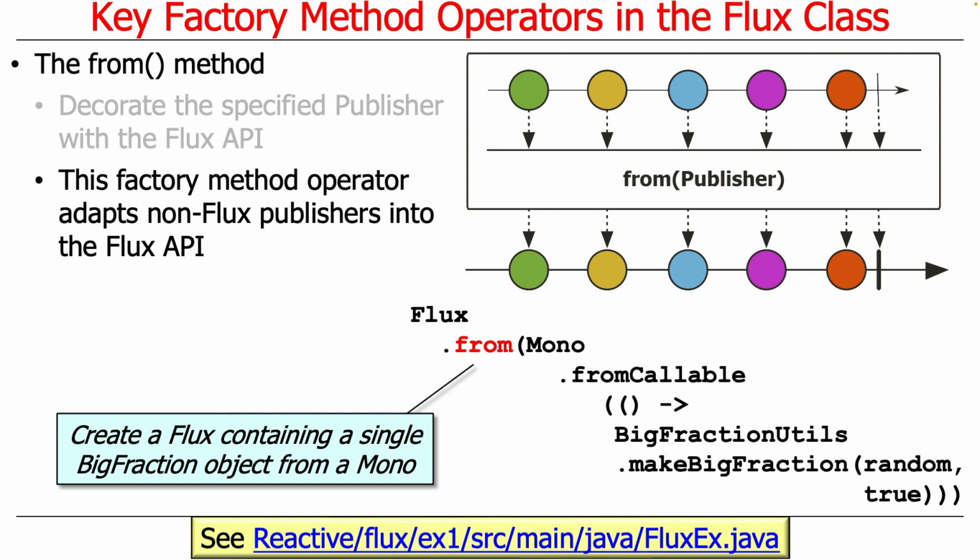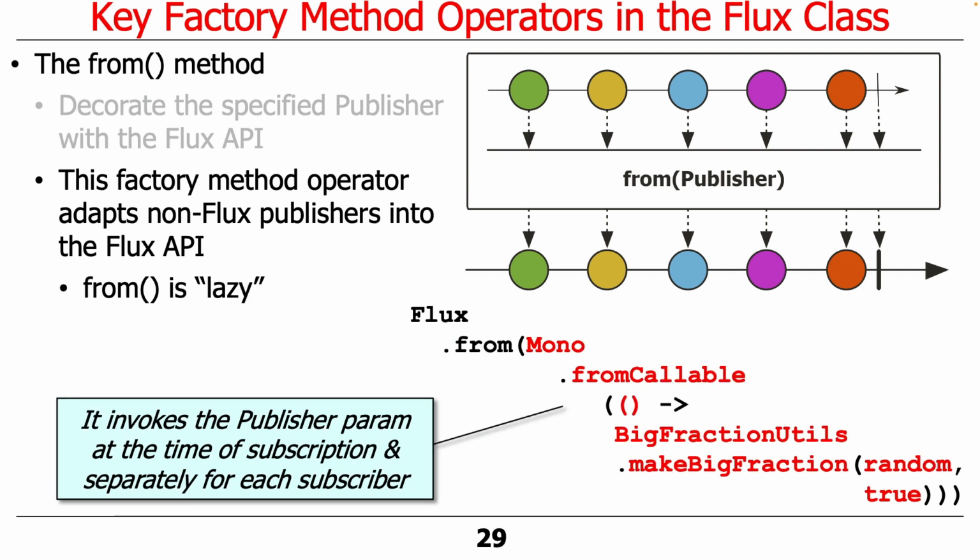So what the heck's going on here? We're using Flux.from to lazily create a single big fraction. And from is lazy. So what does it mean for from to be lazy? It means that it takes this parameter and stores it as basically a lambda expression.